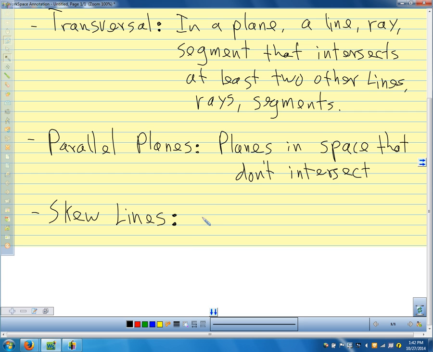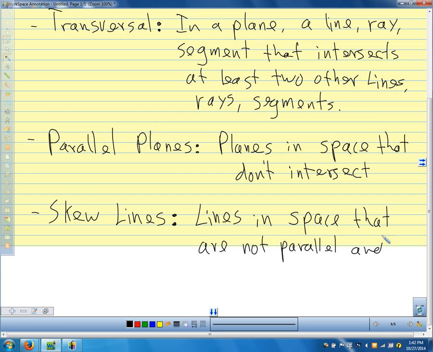Skew lines are lines in space that are not parallel and don't intersect. So notice we said in space rather than in the plane.